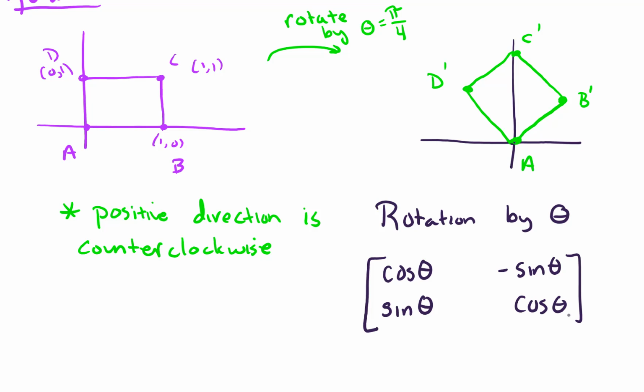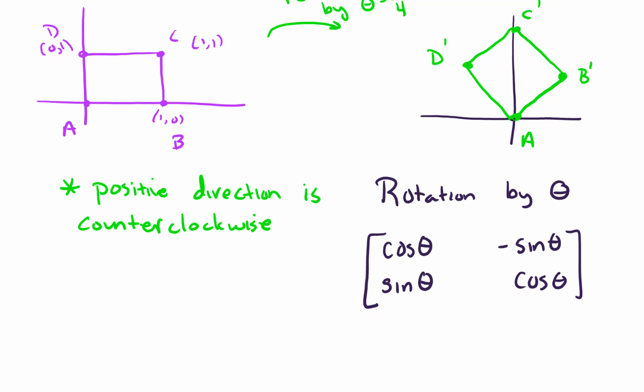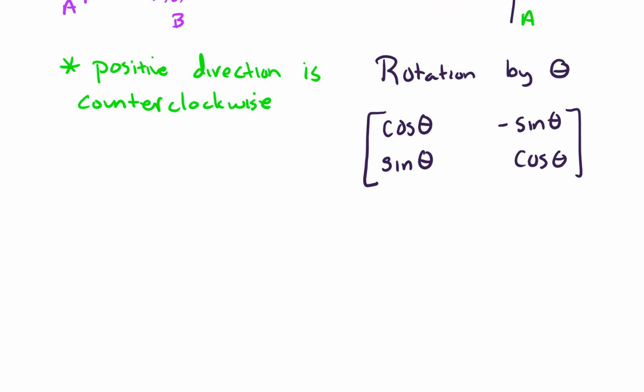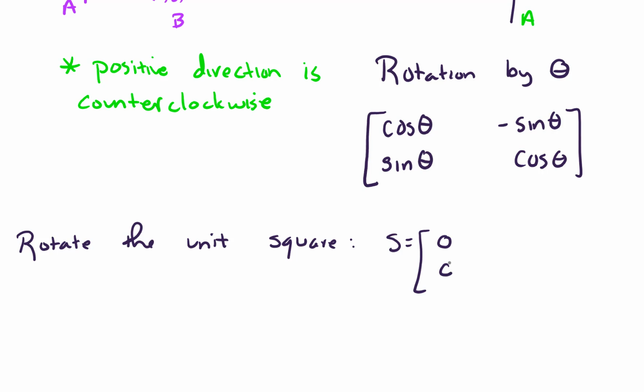All right, so let's use that idea for our unit square. So if we want to rotate the unit square, and we said that the unit square is our matrix S given by 0, 0, 1, 0, 1, 1, and 0, 1. We want to rotate the unit square by theta equals pi over 4.